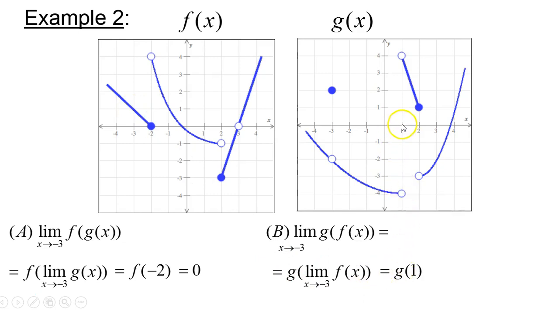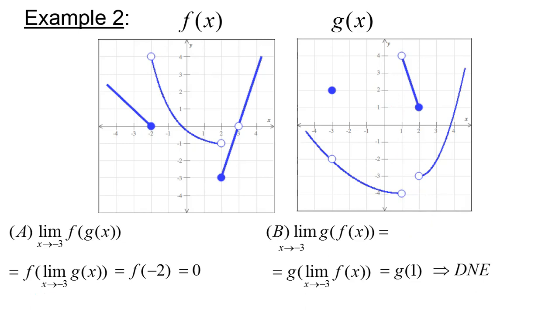If I go to 1 here for g of x, I'm looking for a solid dot. I'm not saying, okay, there's a left limit or right limit. No, I'm looking for a dot at 1. And I see a hole. I see a whole lot of nothing as to what I'm looking for here. So I get a limit that does not exist.